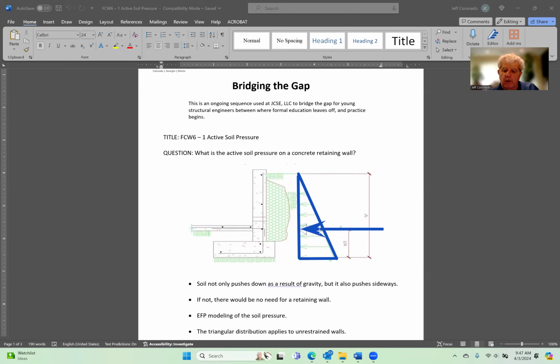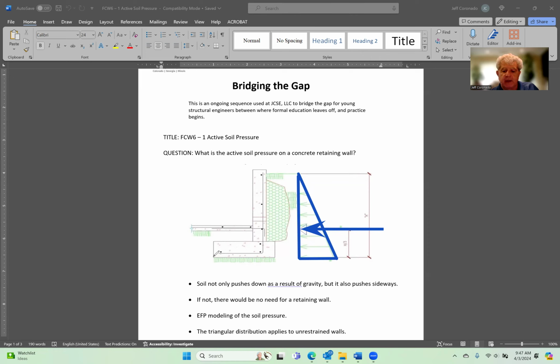That's where the force resultant is. If we replace the triangular distribution with just a single force, we would place it 1/3 of the way up from the bottom of the footing. That becomes important, as I mentioned earlier, for overturning purposes.